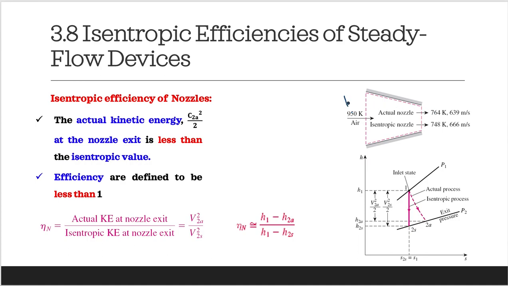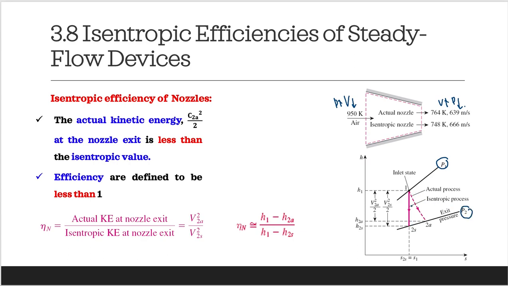Because the velocity here is low, the pressure is high. Here the pressure is low and the velocity is high. Therefore, this is P1 and this is P2.